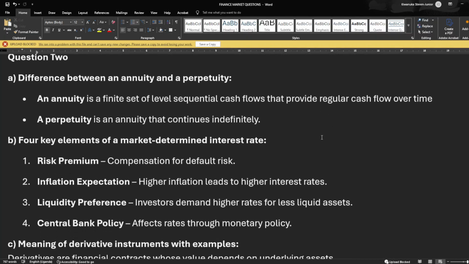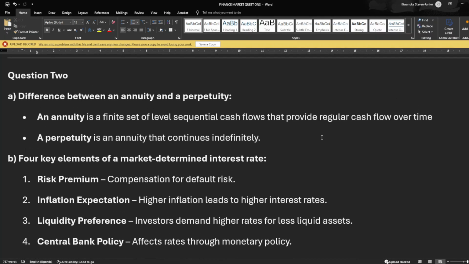Come to our last number. Differentiate between annuity and perpetuity. You see that an annuity is a finite set of level sequential cash flows that provide regular cash flow over time.